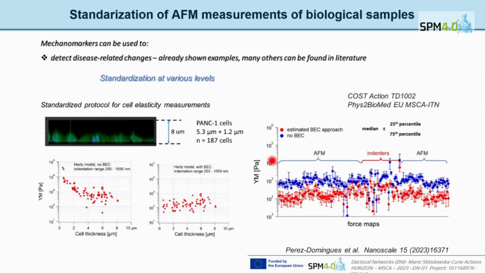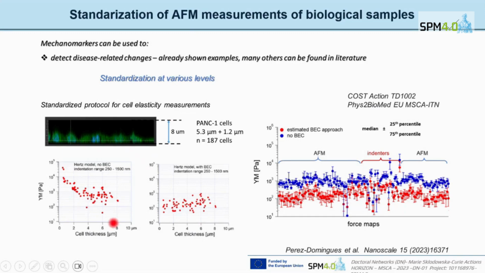This is one of the examples of such approaches. Like 6 labs in Europe were doing the measurements of pancreatic cells, and they compared the values of the apparent Young's modulus they obtained without and with stiff bottom effect correction.